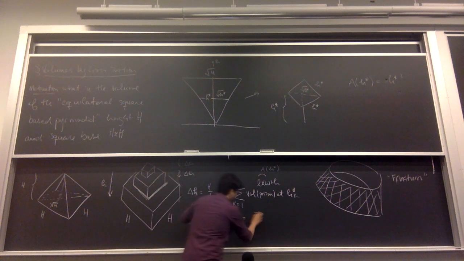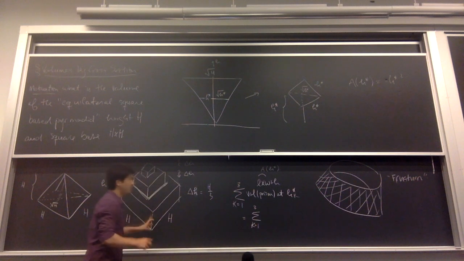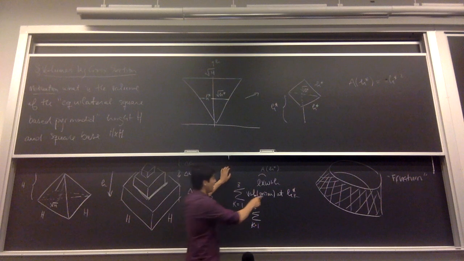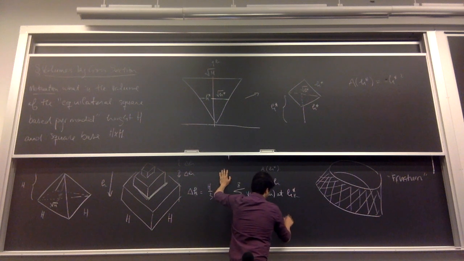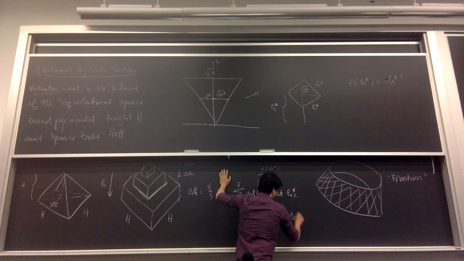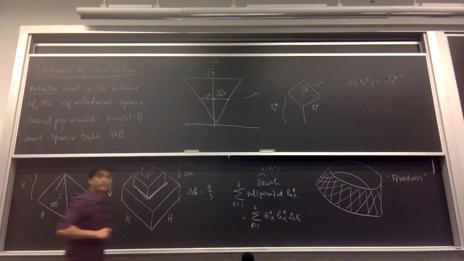So we're going to get the sum k equals 1 to 3 of the volume of the prism, which is going to be at height h at the sample. It's going to be h k, that's the length, that's the width, and this is the height. Agree?